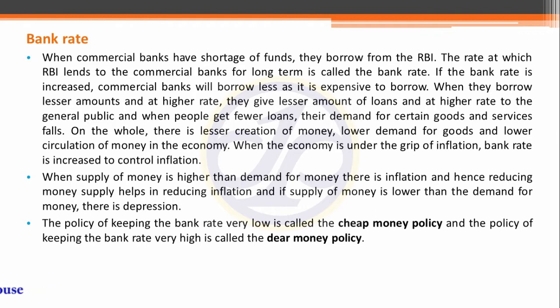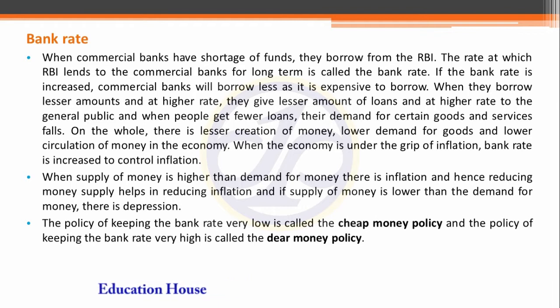So automatically people don't get loans and the supply of money can be controlled. Instead of getting loans, people deposit their money into the bank to get the high rate of interest. This policy is called a dear money policy.